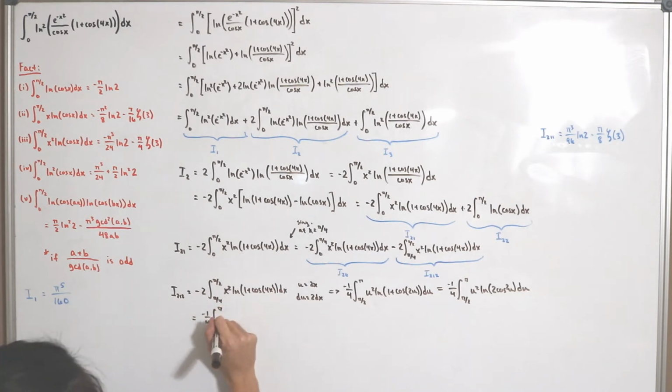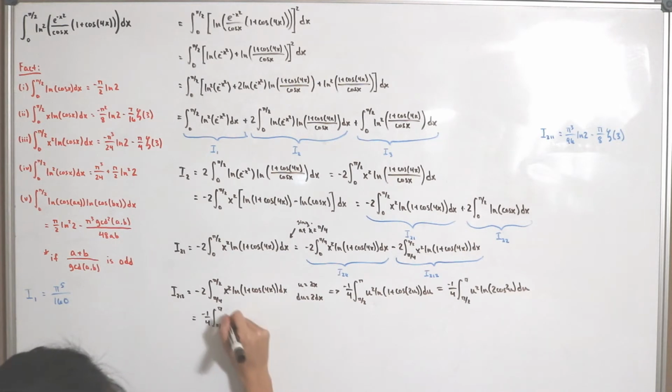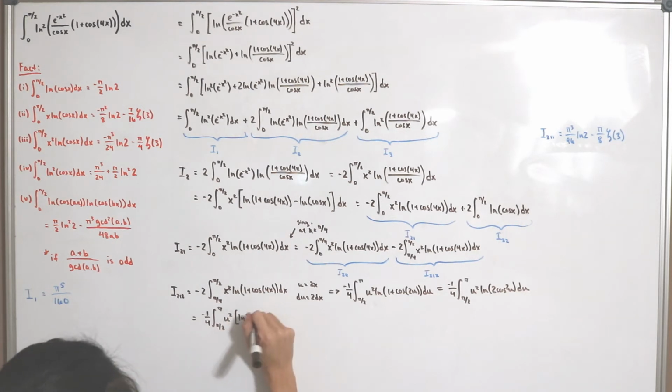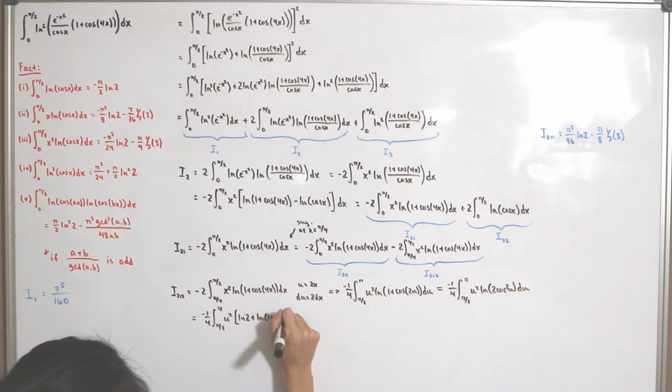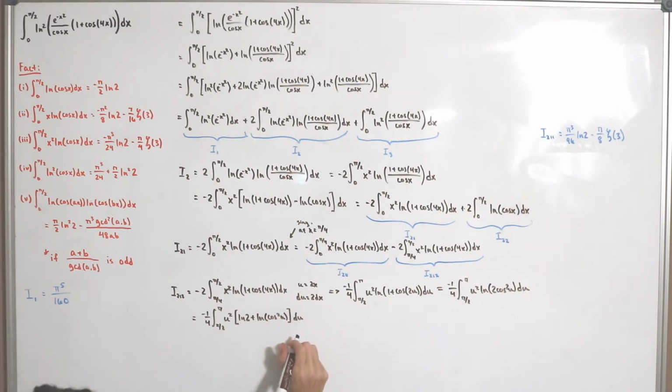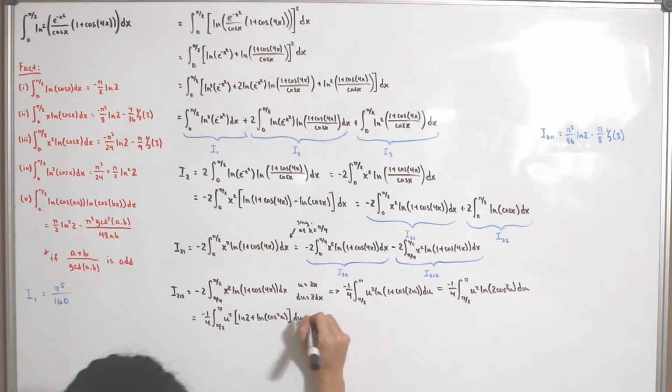Pi, and then pi divided by 2. This is u squared, and then this is ln of 2, plus ln of cosine square u, then du. Using linearity, we can split this into 2 integrals.